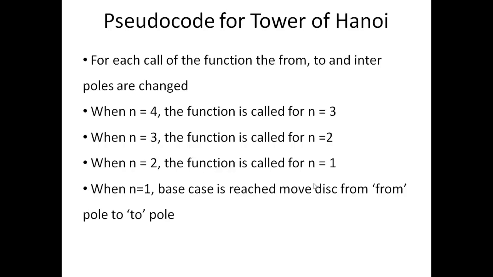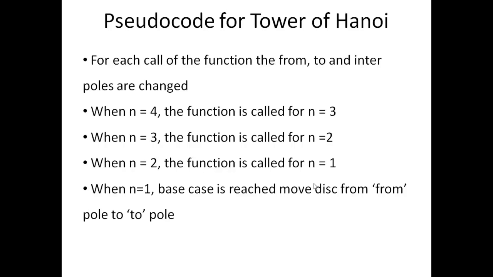So now we are going to take up a test case. When n is equal to 4, the function is called for n equal to 3 because it is n-1. When n is equal to 3, the function will be called for n equal to 2. When n equals 2, the function is called for n equal to 1.